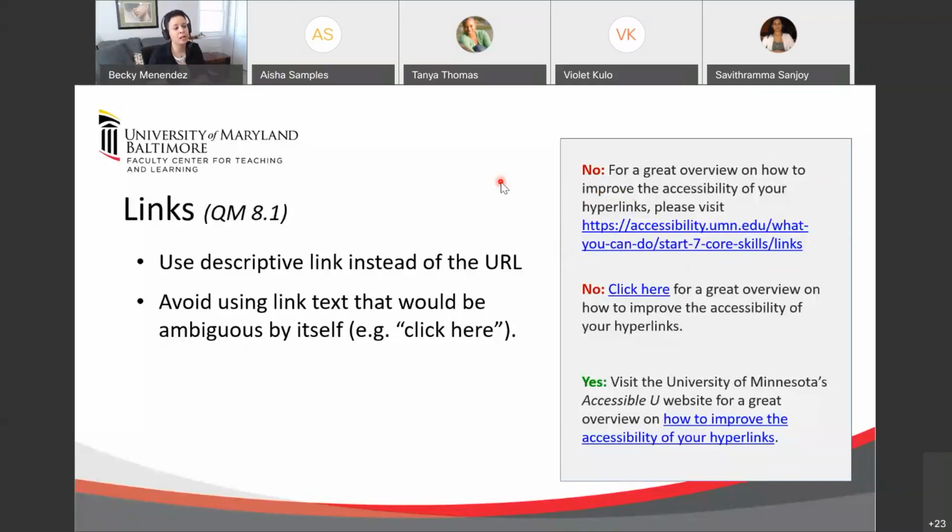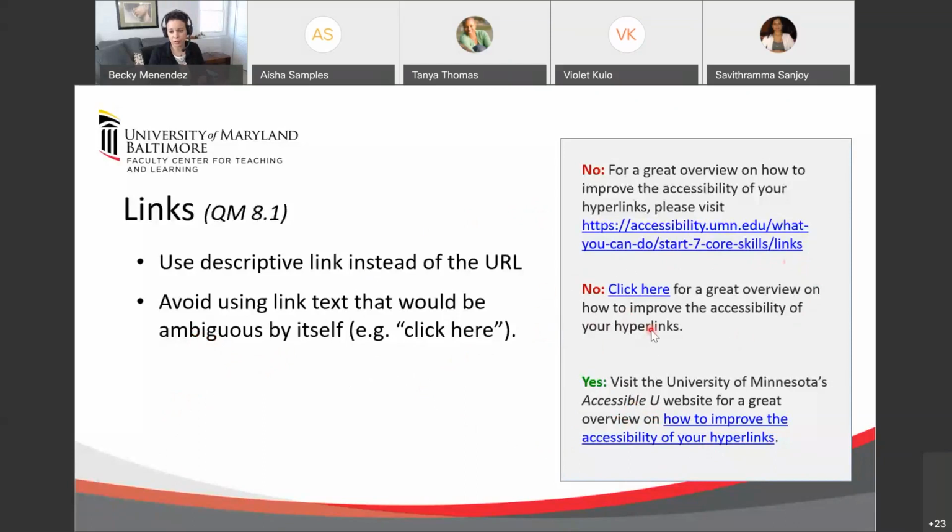It'll actually spell out the entire link letter by letter, which is very cumbersome. Instead, what you want to do is actually select your text, whether it's in Word or Blackboard, and then attach the hyperlink to go to where you want it to go. And this way, someone can actually identify what the link is without having to read the entire link letter by letter.